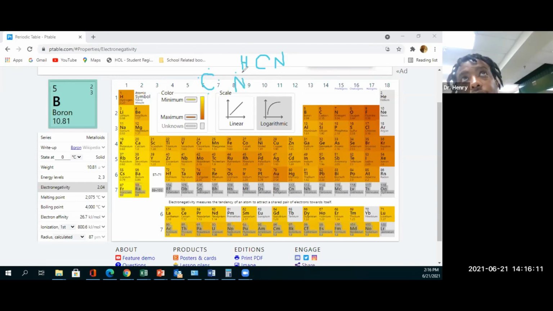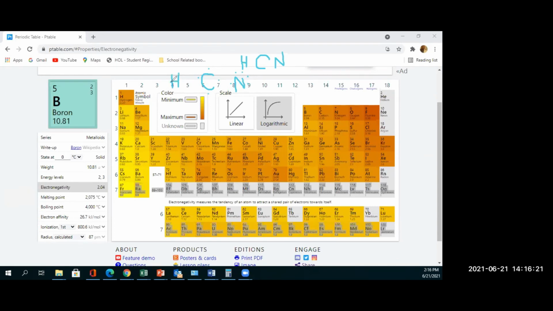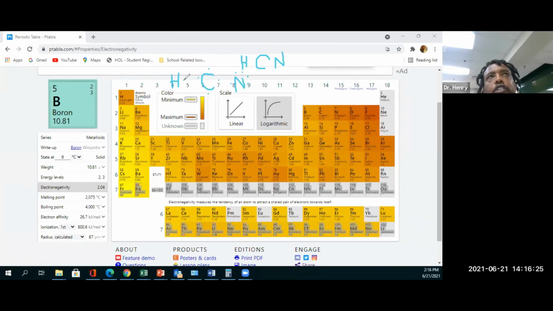That's 1, 2, 3, 4, 5. And hydrogen? 1. Okay, so now what I want you guys to do is to look at this on your piece of paper. Find a way so that everybody's octet is full. Hydrogen has 2 around it, carbon has 8 around it, and nitrogen has 8 around it.